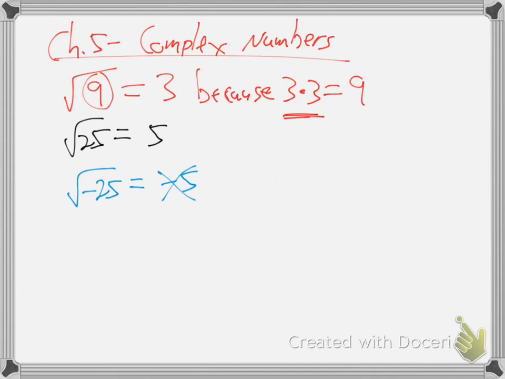Is that making sense to you? I just want to make sure that's happening in your mind at least. How could we ever have a number times its very self come out negative? No, that's not going to happen.